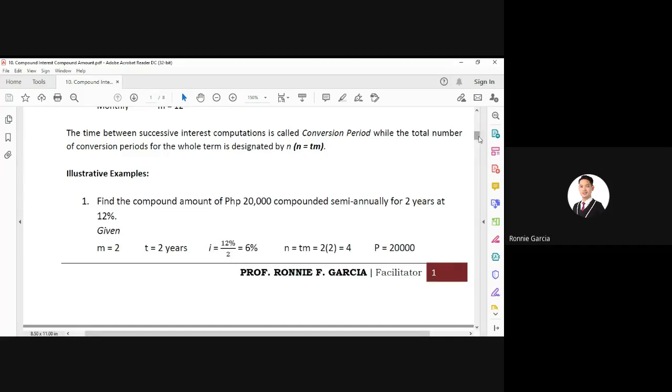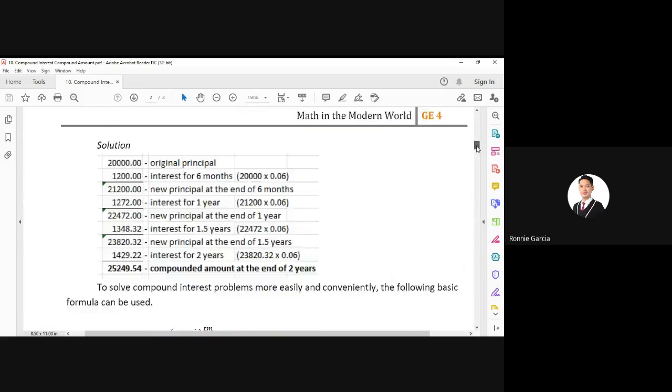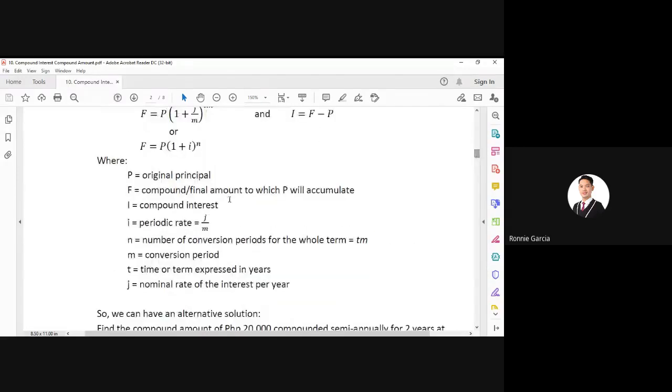That is why I is 6%. So that is how to compute the I. Your J, katong rate na gi-mention sa problem, the nominal rate, divided by M, which is the conversion period. Nga natay clue. Depende kung unsa gi-mention annually 1, semi-annually 2, quarterly 4, and then monthly 12.